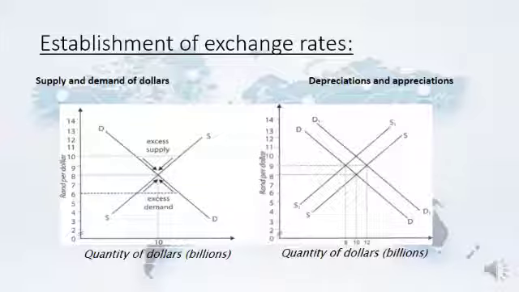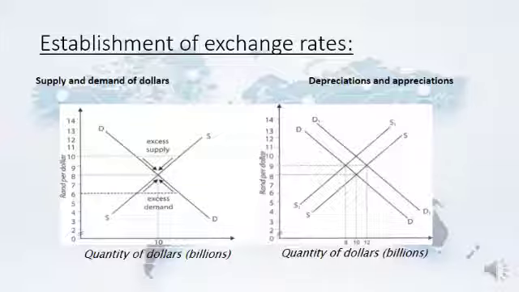So essentially what it means is your new equilibrium point is going to be where S1 and DD intersect. It is now 9 rand per dollar.